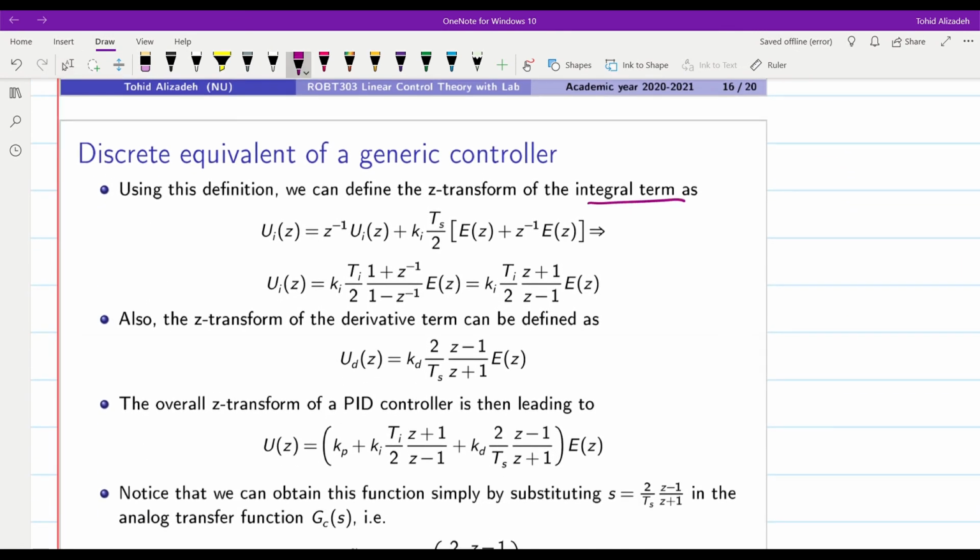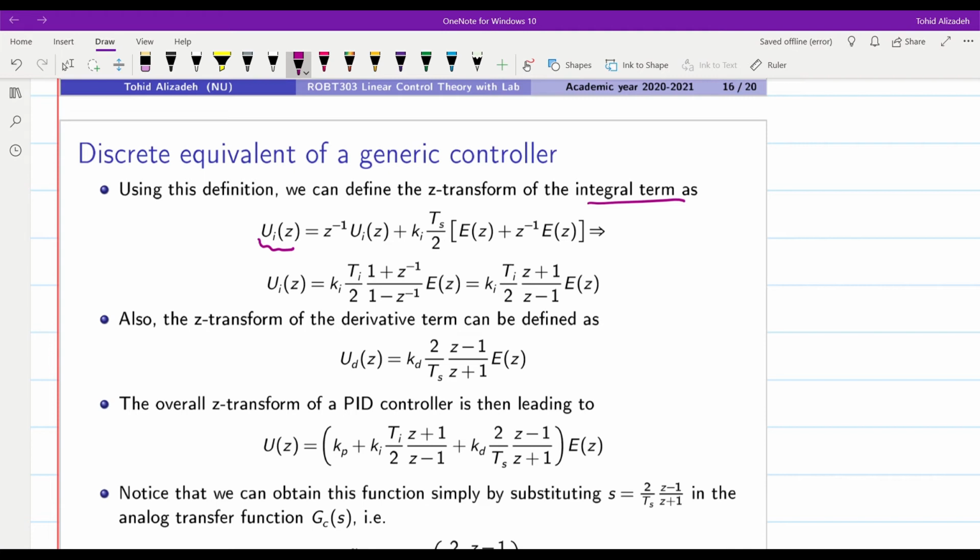And then we can use the definition that we just have here to define the z-transform of the integral term. For the integral term, we will have it in this form. So we will have z to the power of minus 1 times ui plus ki times ts over 2 times the expression which is based on the error signal.